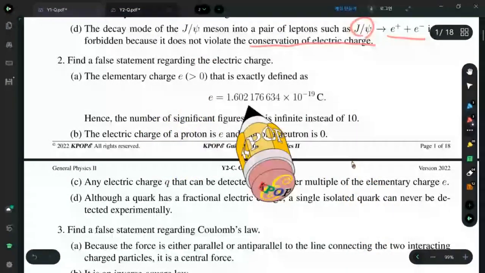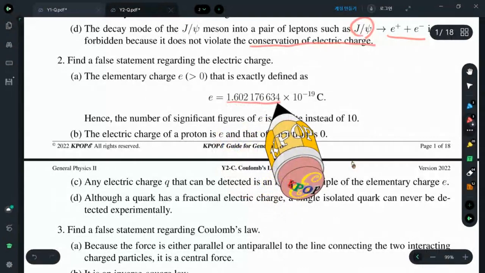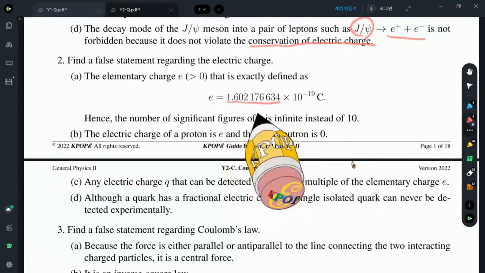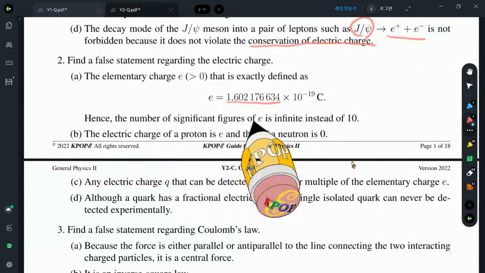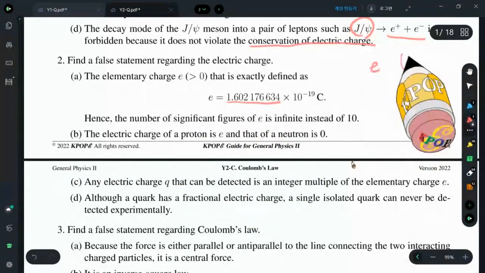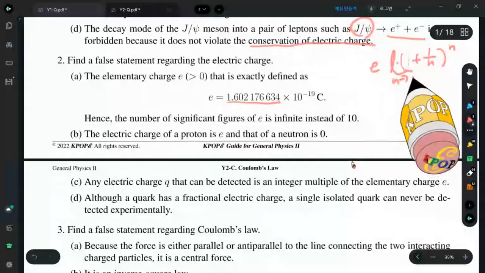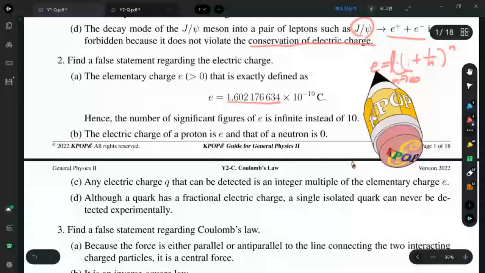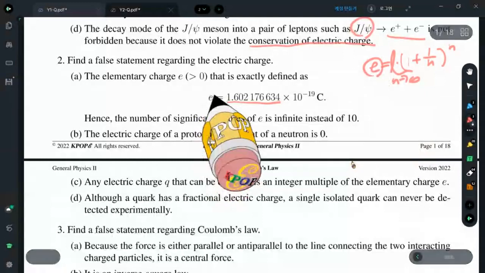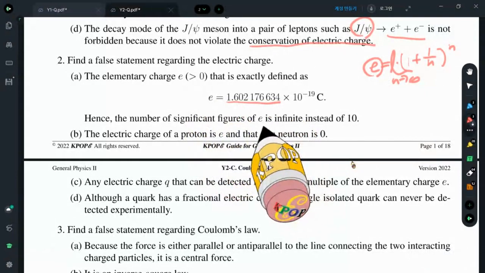Electric charge is a fundamental quantity, and it is exactly defined in such a way. So the number of significant figures in this is not Euler's number. Euler's number is 1 plus 1 over n to the n, limit n goes to infinity. It looks the same, but this is the elementary electric charge that is exactly defined.